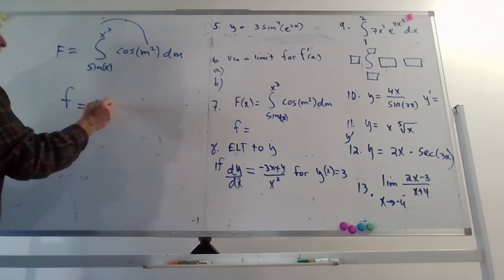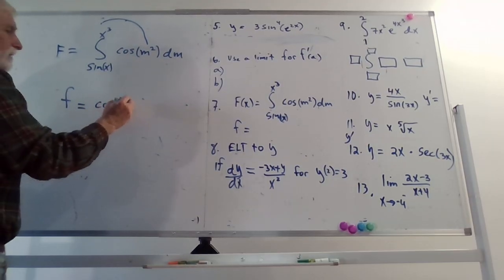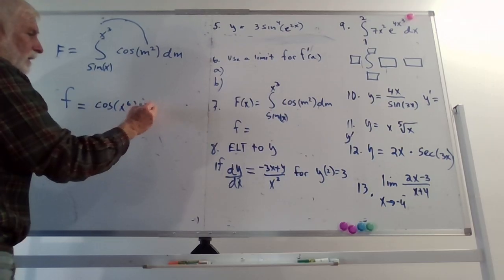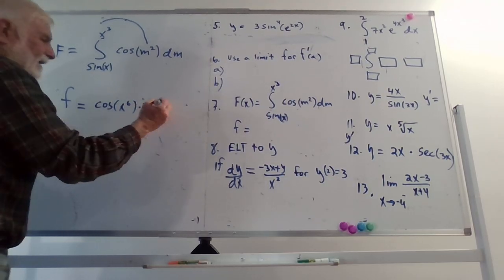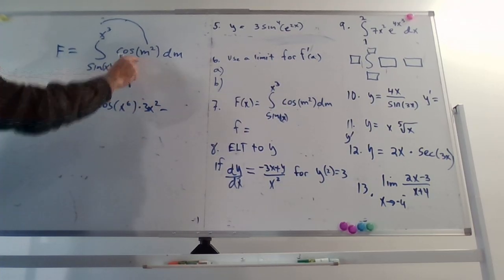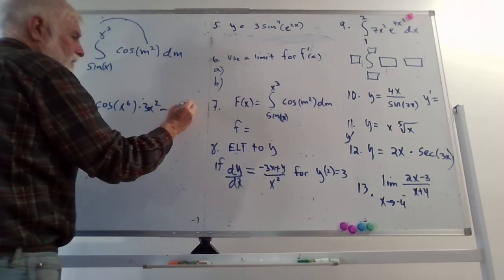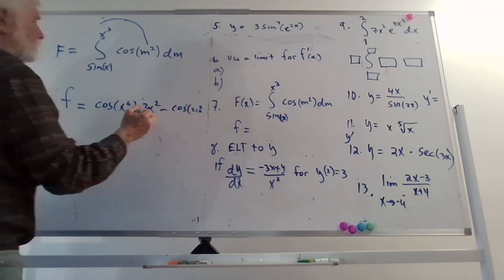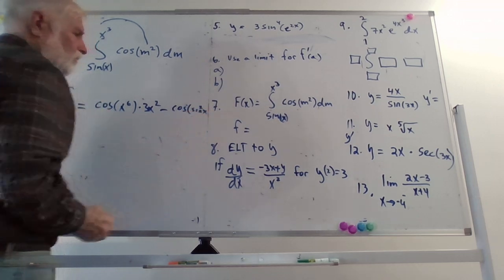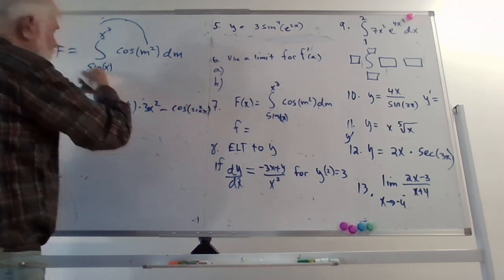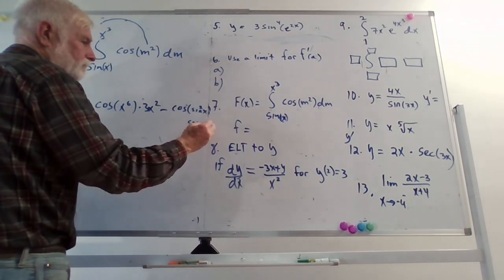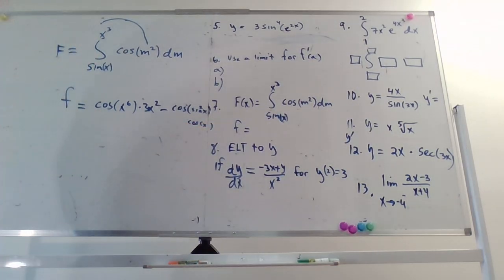If we drop it in, we have the cosine of x to the 6th times the derivative of what I drop in, 3x squared, minus the cosine of sine squared x times the derivative of sine, which is cosine. Sorry, I ran out of room.